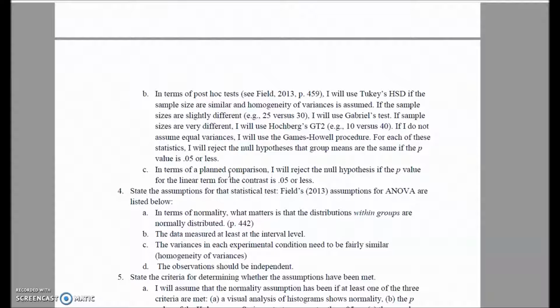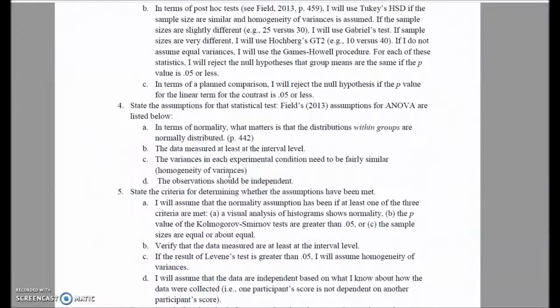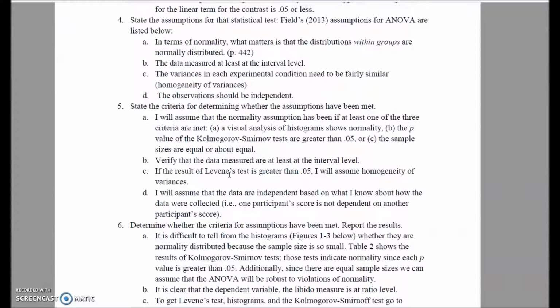So as we were just talking a few minutes back about the assumptions, what have we done till now? We know our data set. We've put the data set in SPSS. We have a research question.